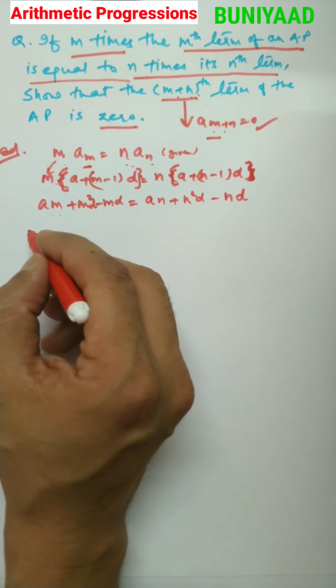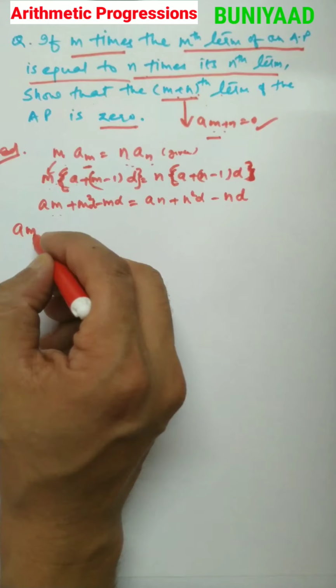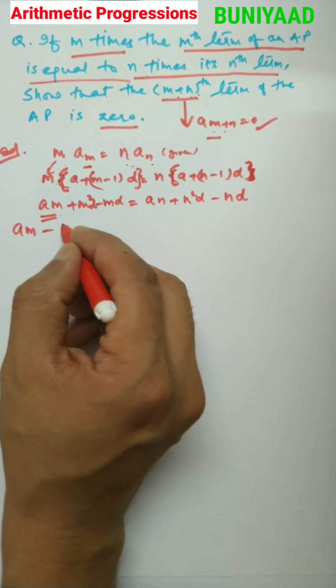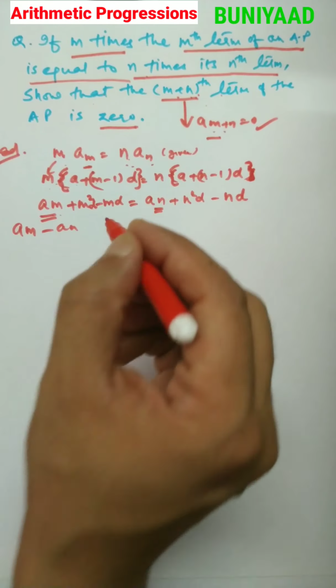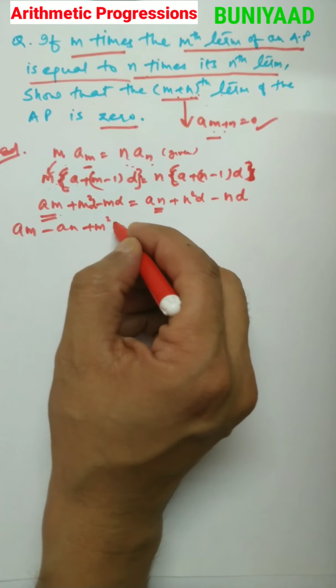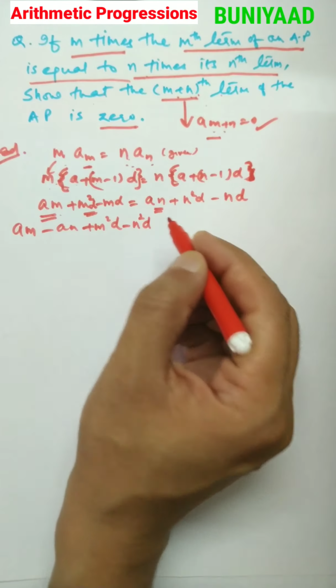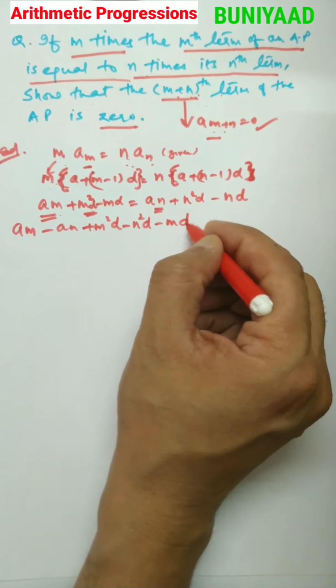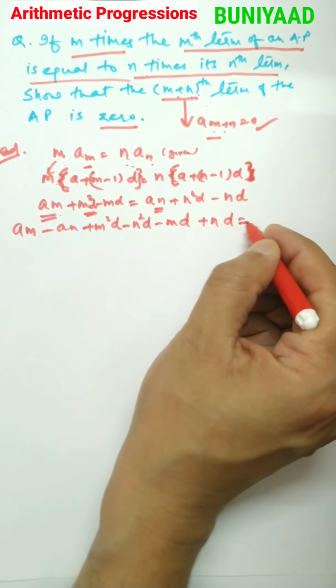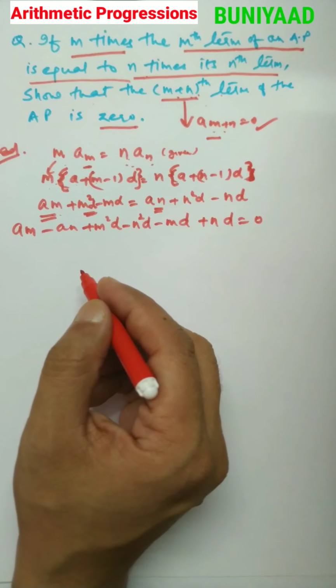Now by transposition and rearranging, you get am minus an, this is m square d minus n square d, this is minus md plus nd equals 0.